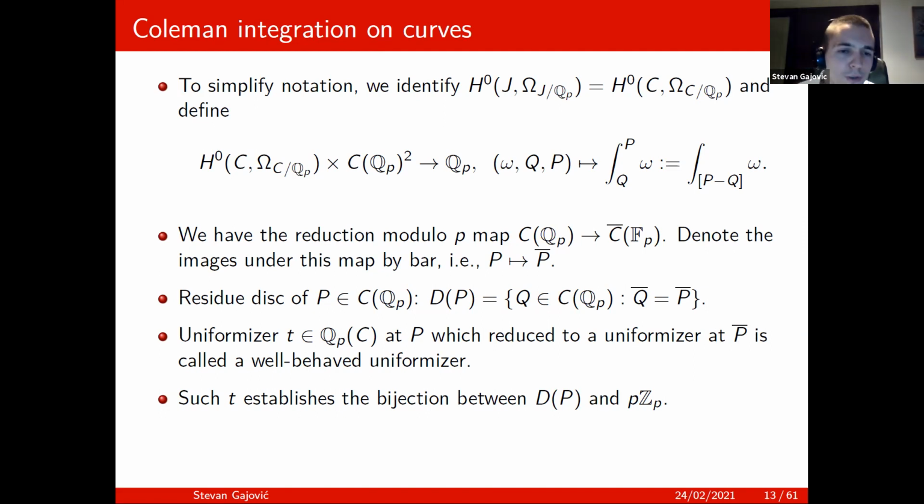Then we call this a well-behaved uniformizer. These uniformizers are important because they describe residue disks in a very nice way. They provide a bijection between the residue disk of P and pZp, because if we start with some point P, all points in the same residue disk differ from P by something divisible by p. So this is not a surprise.